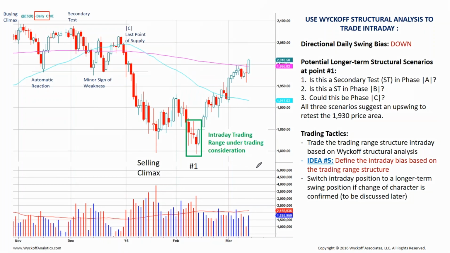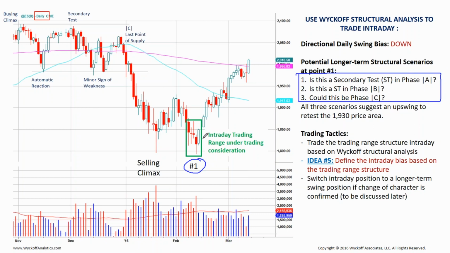While you're doing that, let me just refresh your memory here. So at point number 1 right here, we are thinking about all of the potential scenarios here. Secondary test in phase A, secondary test in phase B, or could this be phase C?